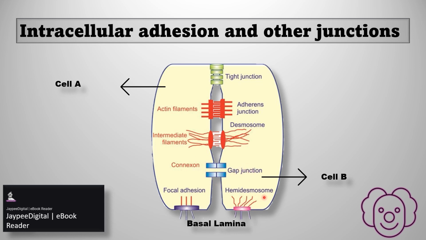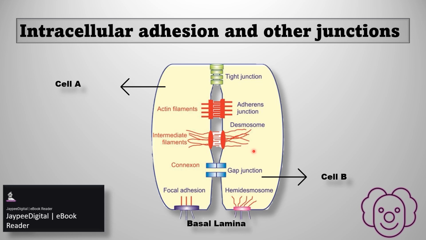And then here, this one and this one, are the hemidesmosomes and focal adhesion. They are different. You see the color is different, so they are different types. So that is how they are arranged within the cells and how they tie those two cells together.